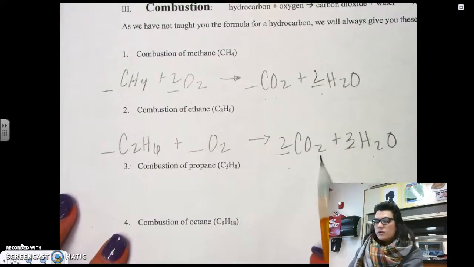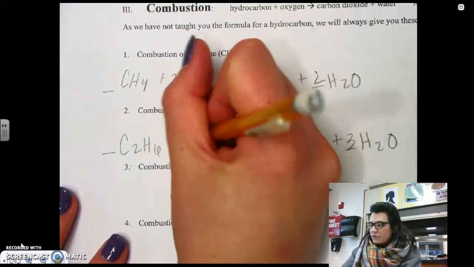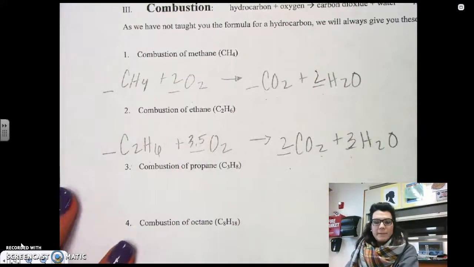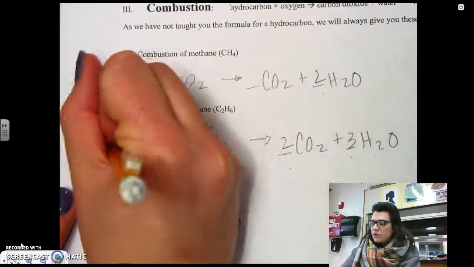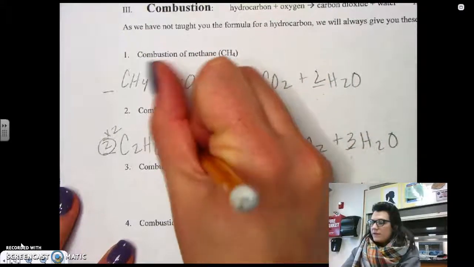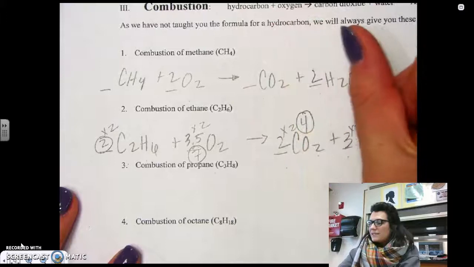So 2 times 2 is 4 plus 3 is 7. Half of 7 is 3.5, but I can't keep the 0.5, so I'm going to multiply everything by 2. Times 2 becomes 2. Times 2 becomes 7. Times 2 becomes 4. Times 2 becomes 6.